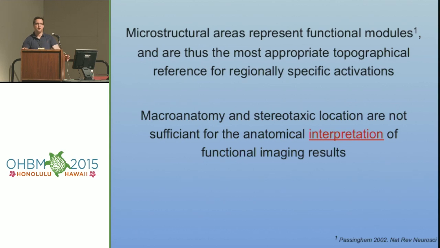So, case in point, you can say that an activation is in area 3b, so I really know it's in the primary somatosensory area. On the other hand, saying this activation is on the superior temporal gyrus is correct in that you describe where something is, but it doesn't allow you to nail it down to any particular processing module.